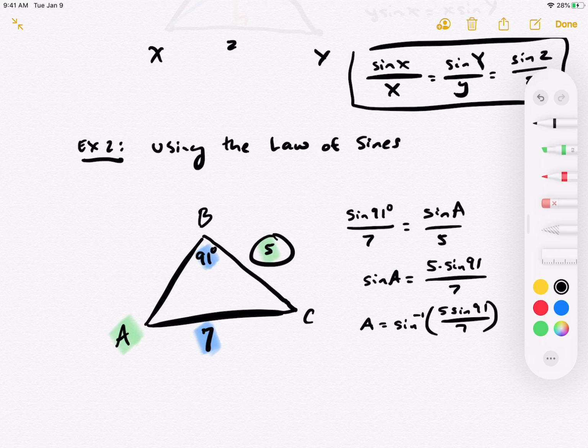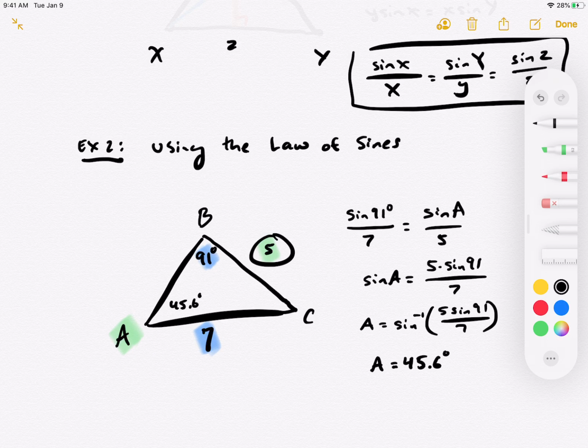Sine inverse of 5 times sine 91 divided by 7. And I find out that angle A is equal to 45.6 degrees. Make sure you're in degree mode. Wouldn't want to work this out in radians. So now I know angle A is equal to 45.6 degrees.